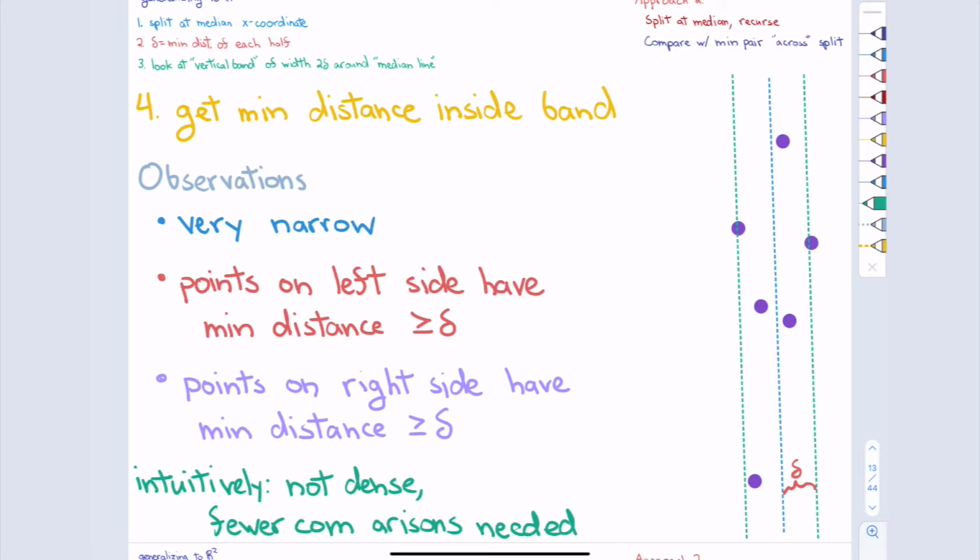So it's not going to be that crammed on one side of this column or the other. Okay? So the intuition then is that there's something kind of simpler about this middle band. It can't be that dense. And so you're hoping that not that many comparisons are needed.